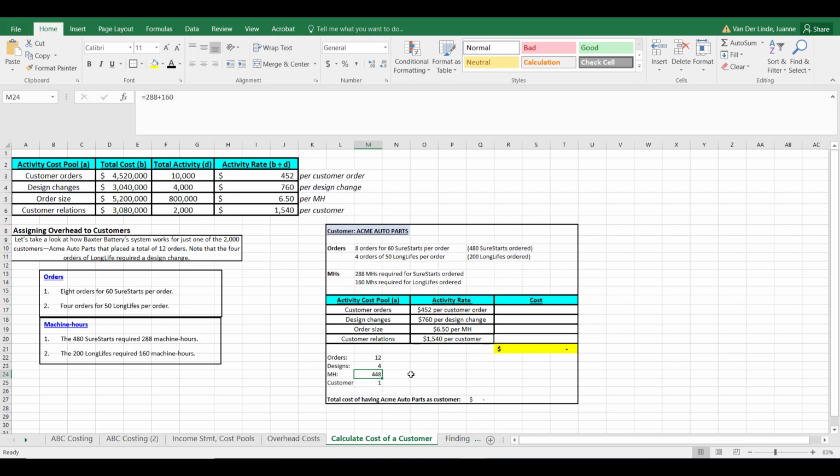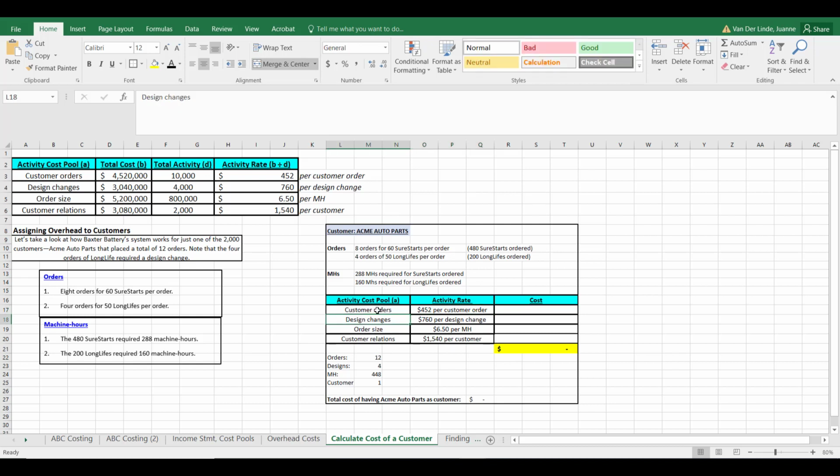And in terms of customers, if we're just looking at Acme, we're only looking at one customer, so there's one. So we have the cost pool and we have the activity rate. Now we're going to find out how much overhead to assign to this customer based on not only these activity rates, but how much of each activity measure was required to serve this customer.